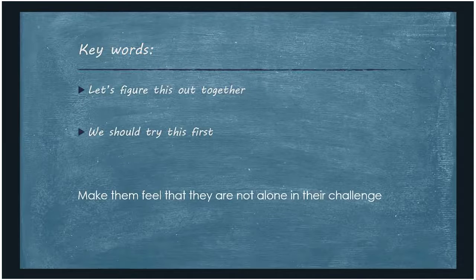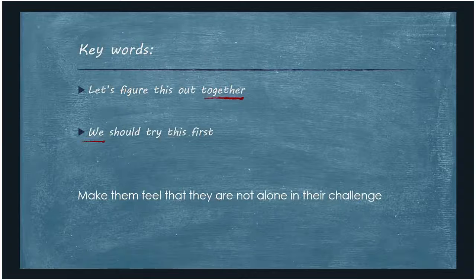And if you noticed, both of these contain elements that show them they're not alone in the challenge, that you're there working with them through it. And this will really help to calm their nerves, because oftentimes when you get a student that's frustrated, the reason they're frustrated is because they feel totally alone and totally freaked out that if they don't figure it out, nobody's going to figure it out for them, and they're going to be lost and get far behind and fail, and life is going to end.